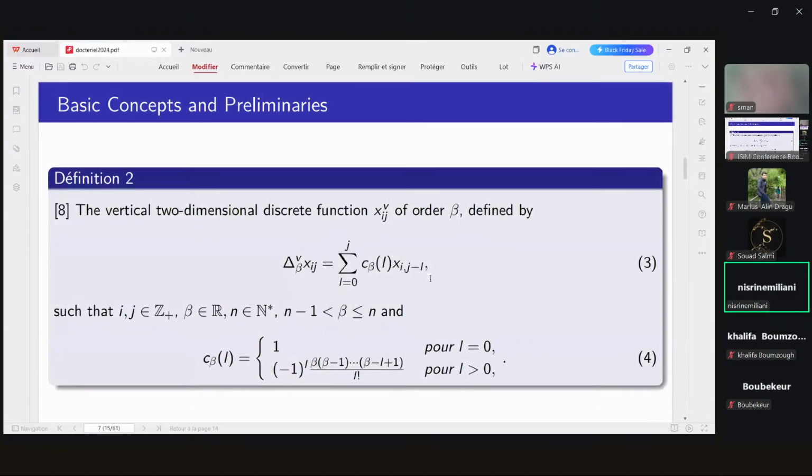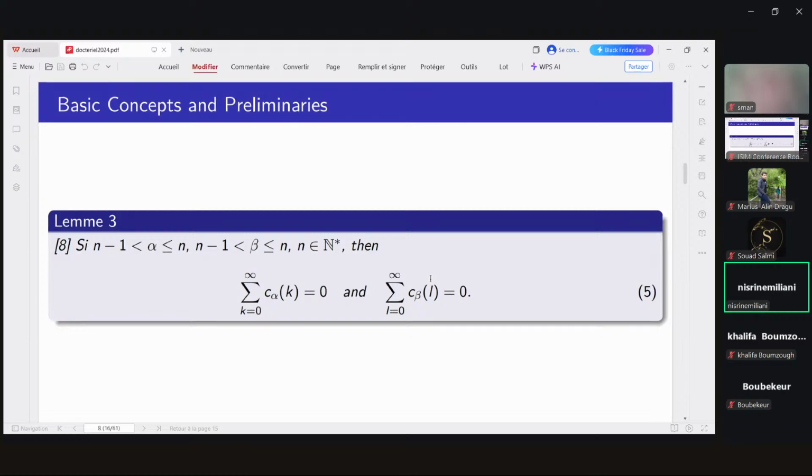In definition 2, we define the vertical two-dimensional discrete function x of order beta, defined by formula 3.